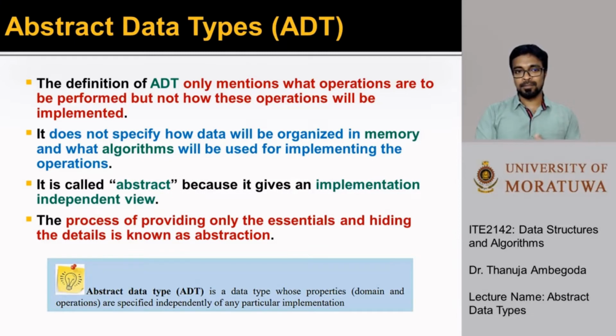Right? So it does not specify how data will be organized in memory. It does not specify what algorithms will be used for implementing the operations. It only specifies what operations can be performed, without the implementation details.